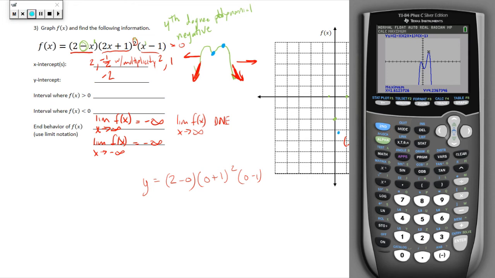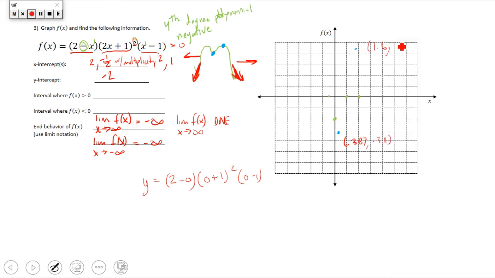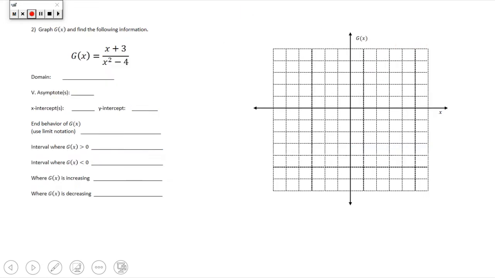So 1.6, 4.23, somewhere in this area here. There it is. Okay, and in red, this will be 1.6 and 4.24, whatever.